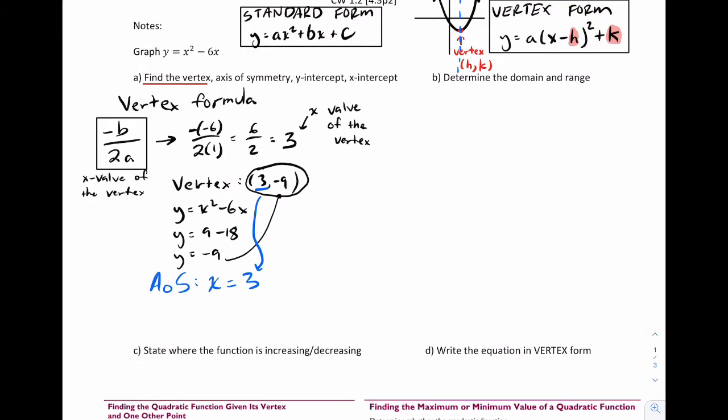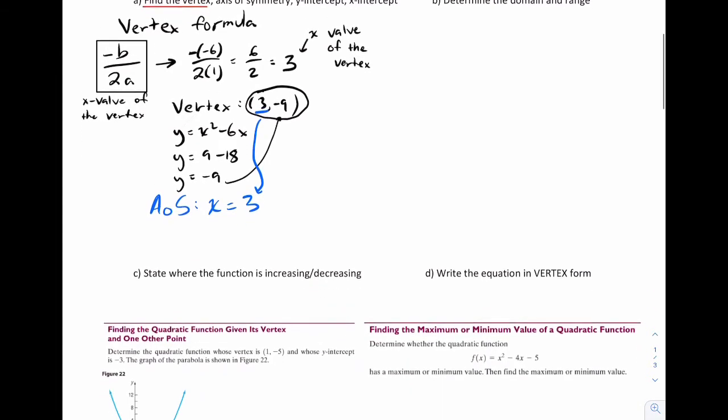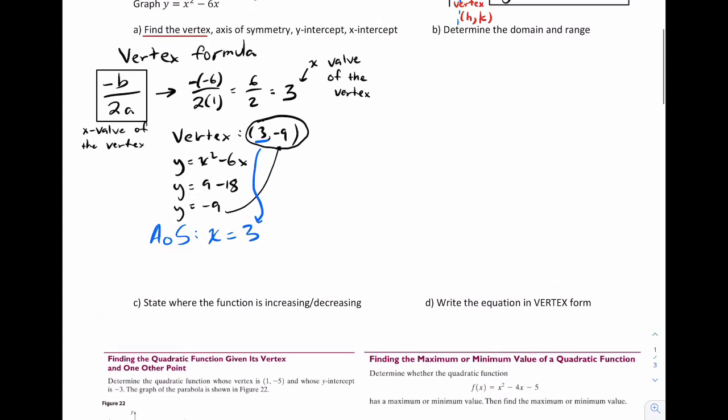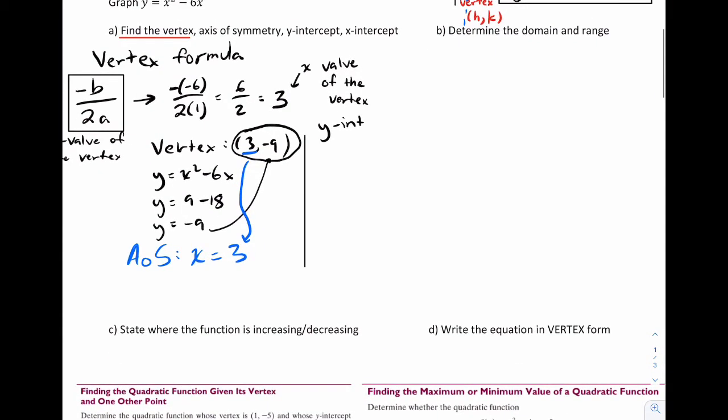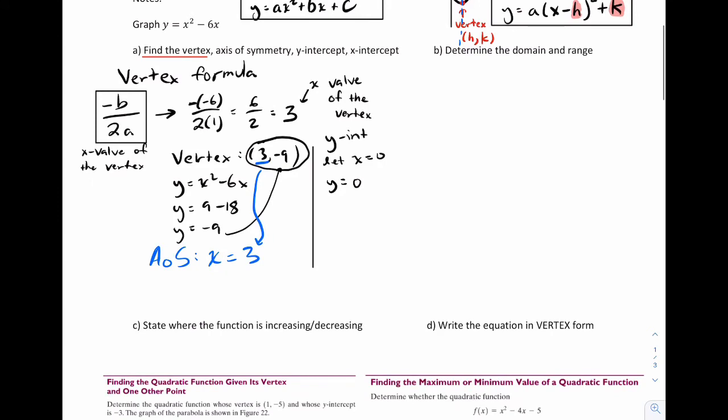Now it says y-intercept and x-intercept. So I'll do that over here. For the y-intercept, we simply let x equal 0. So y equals 0 squared minus 6 times 0. So y equals 0.